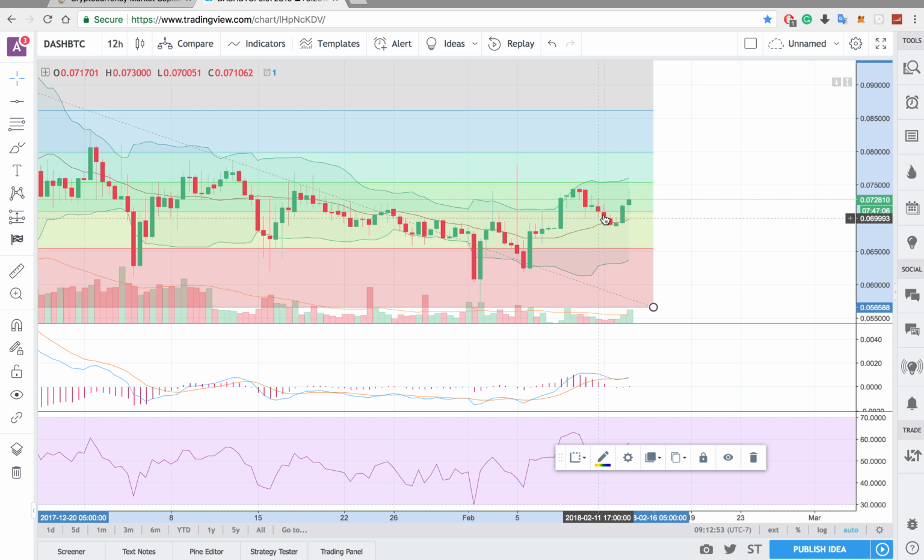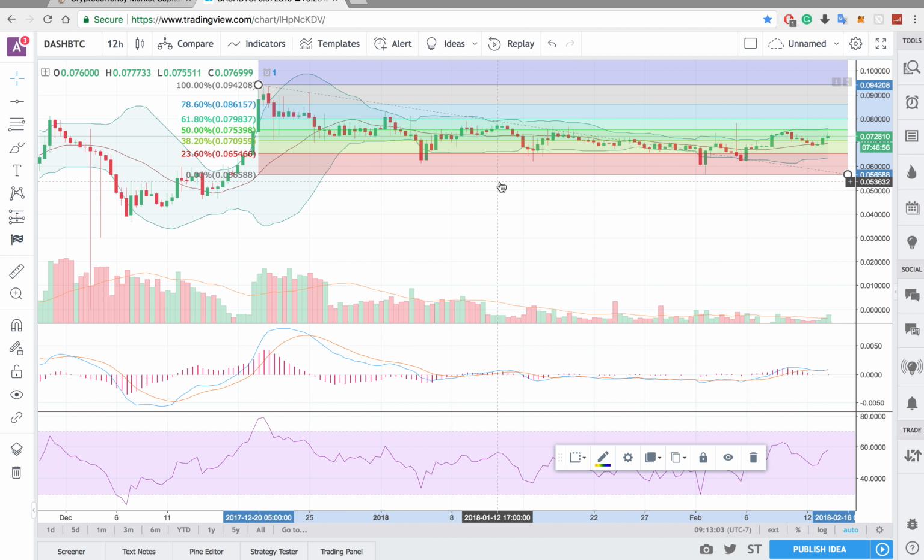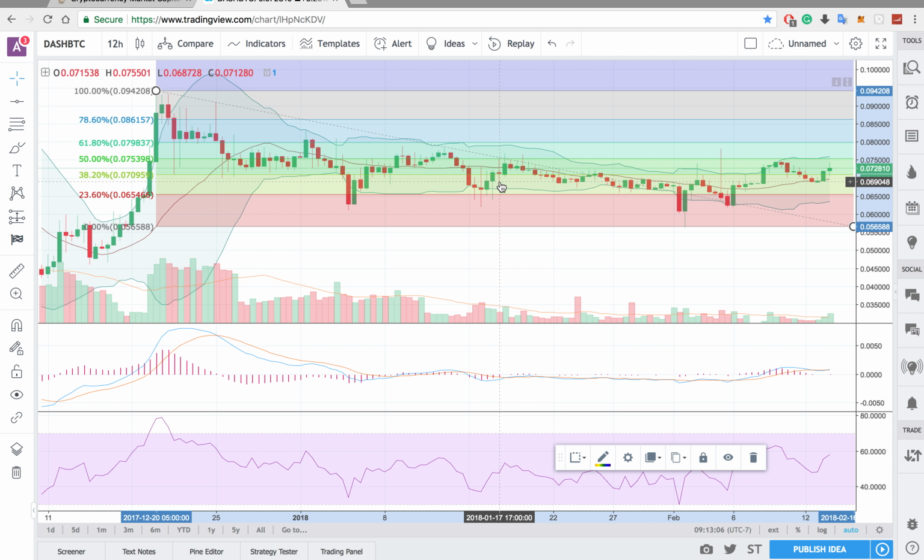So looking at the Fibonacci, it shows the resistance at 74,000 satoshis. And resistance is usually just like the price is fighting that price right there, so it won't go past it. So that's like the resistance of the price.